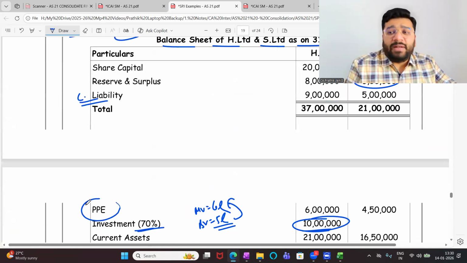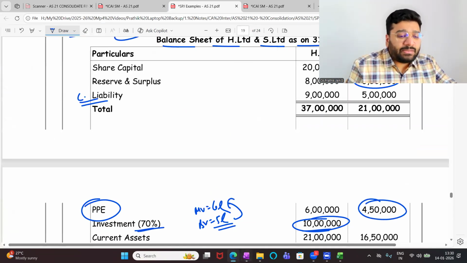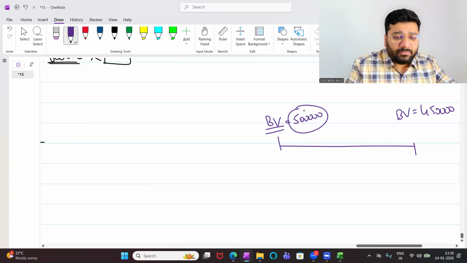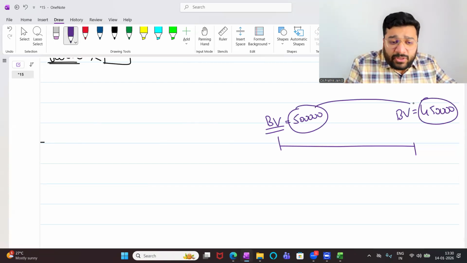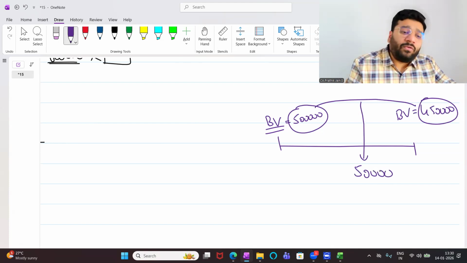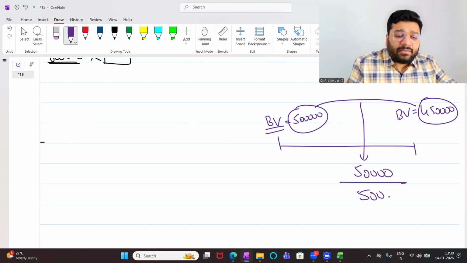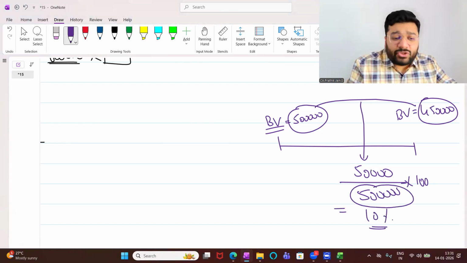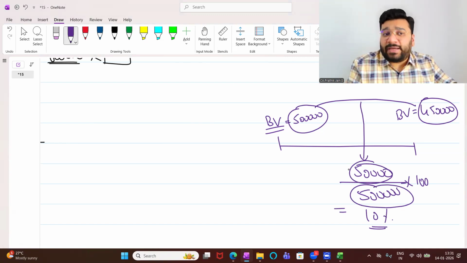PPE comprises only of building. 450 is the closing balance. From 5 lakh in the beginning of the year, the asset has become 450 at the end of the year. So how much worth of the asset have I used in the current period? 50,000 worth of the asset I've used in the current year, out of 5 lakh. So how much percentage of the asset have you used? 10%. Out of 5 lakh worth of asset, we've used 50,000 worth, which is 10%. Got it, not got it.